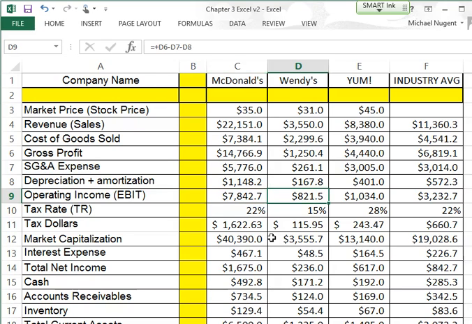So you may want to copy down your tax number. For Wendy's is 821.5, and for Yum, oh, I'm sorry, that's the earnings. Wendy's 115.95 is the tax dollars, and Yum is 243.47.